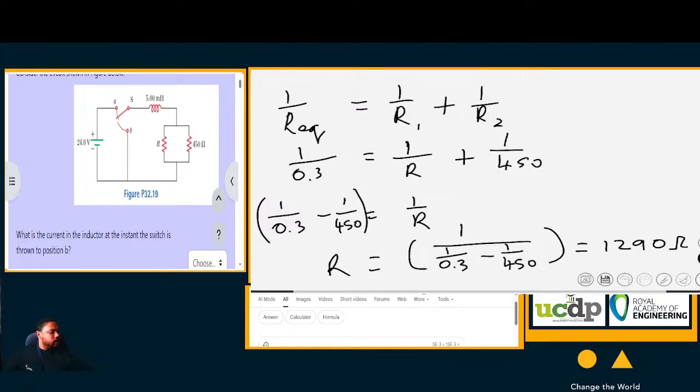So R has a value of 1290 ohm. Okay, let me just check my calculation here quickly. Yep, seems to be in order. 1290.